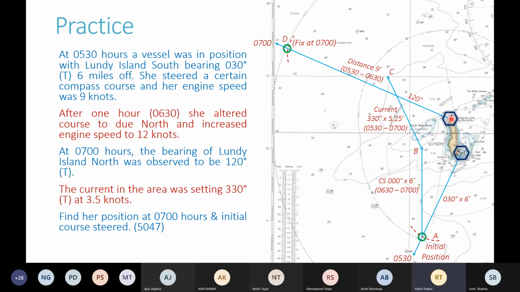So there is no other point which satisfies that criteria. If I place my compass centered at C, radius equal to 9 nautical miles, and make a full circle, this is the only point which will lie on the 0700 PL, telling me that this is my fix.